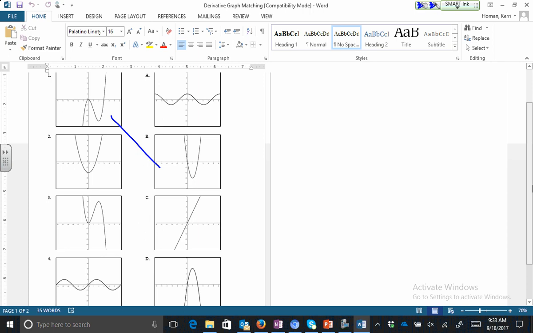The B graph fits in the pocket there on number 1. From 0 to 3, it's decreasing, and on 0 to 3 the graph is below the x-axis. From 0 to 3, we're below the x-axis for the derivative, which means we should be decreasing on our original function. That's very good.